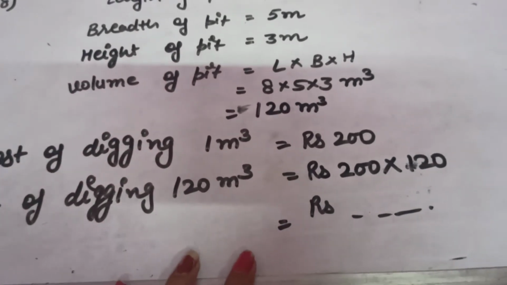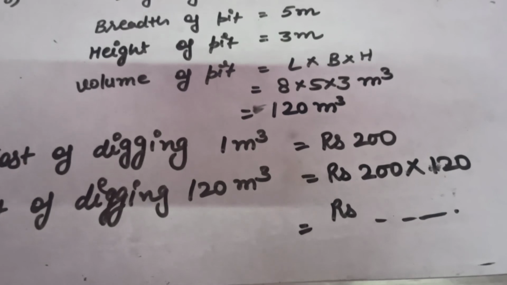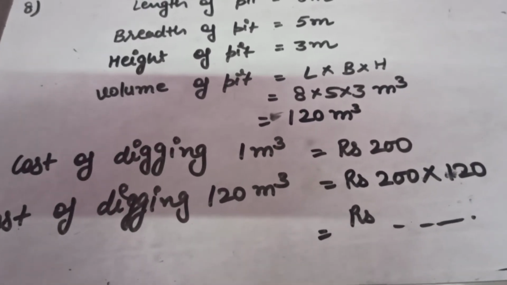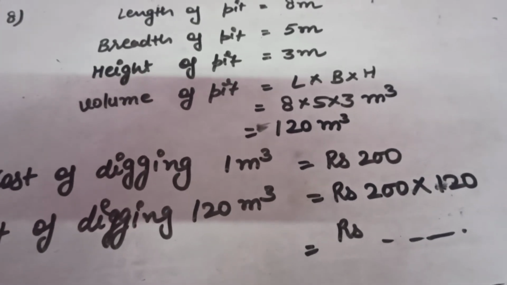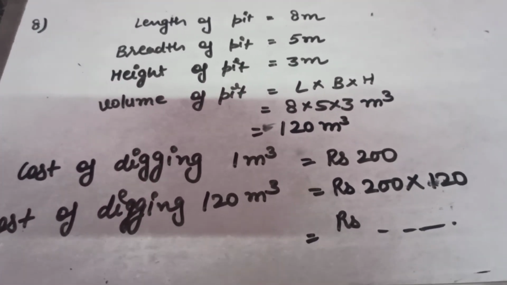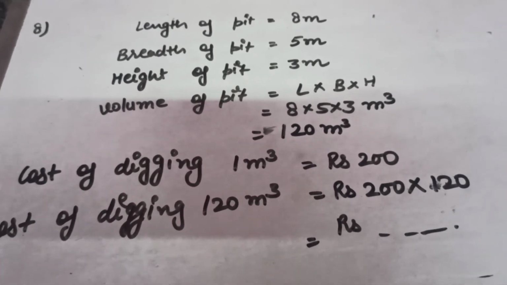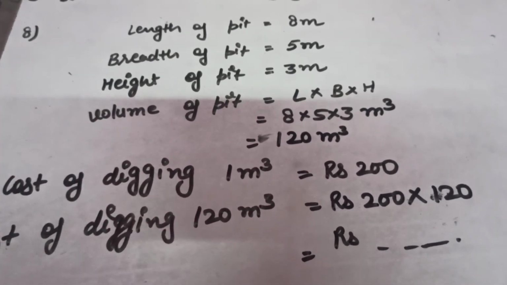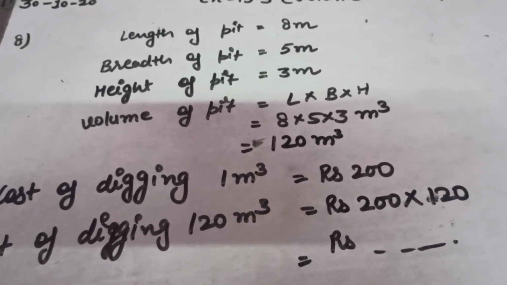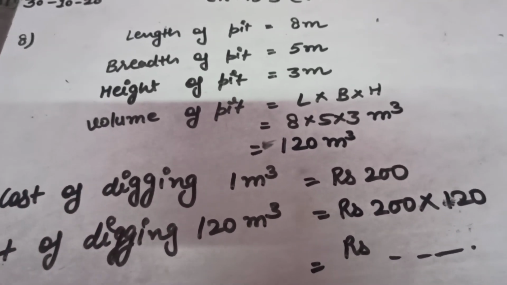The space occupied by the object. Right? In the volume there is height. And in this you learned how to find the volume, how to convert capacity to volume and volume to capacity.